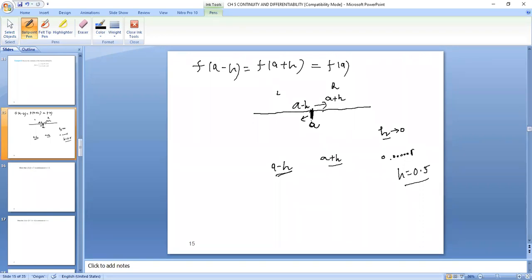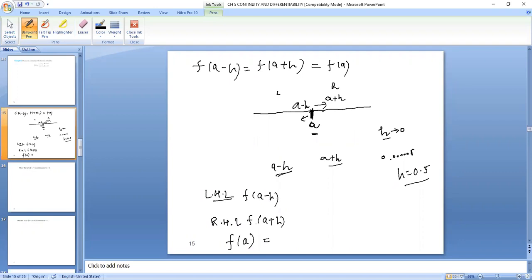Then whatever the point we are given, we will find the left hand limit by f of A minus h. We will find the right hand limit by f of A plus h, and the value of the function could be given, or we can calculate it by substituting the value of A in the given function.